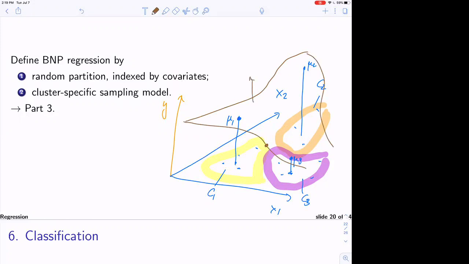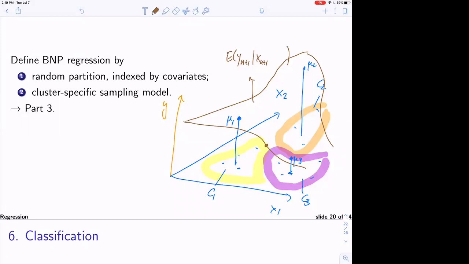So this here can then become the expected value of Y for the next patient, given the covariates for the next patient, integrating over everything else. Conditional on clustering, the patient is either yellow, orange, or purple, and gets either average, high, or low mean survival.